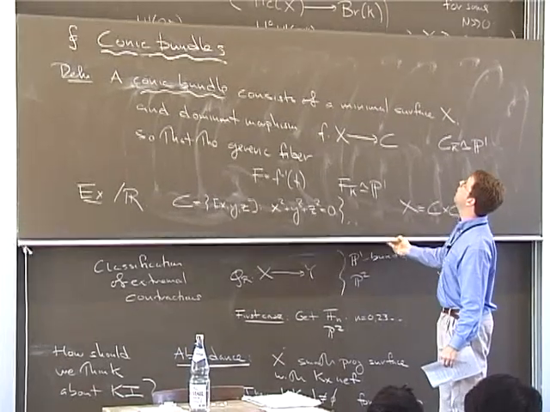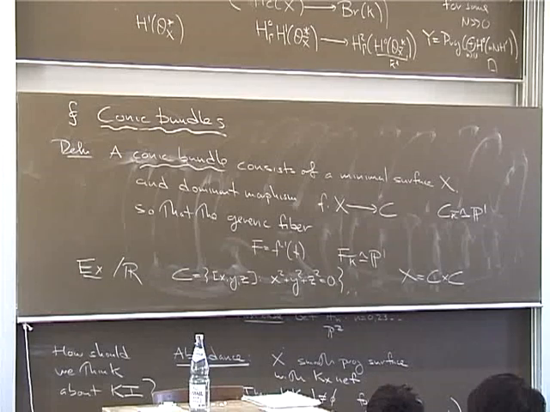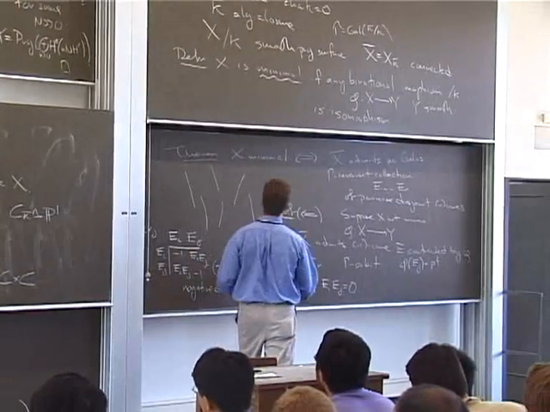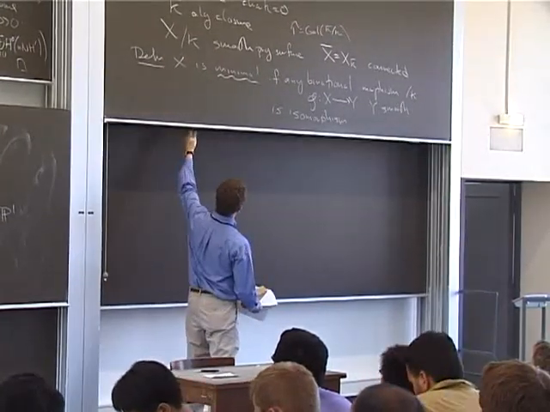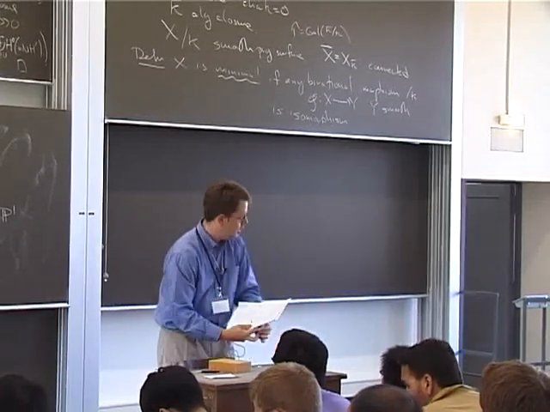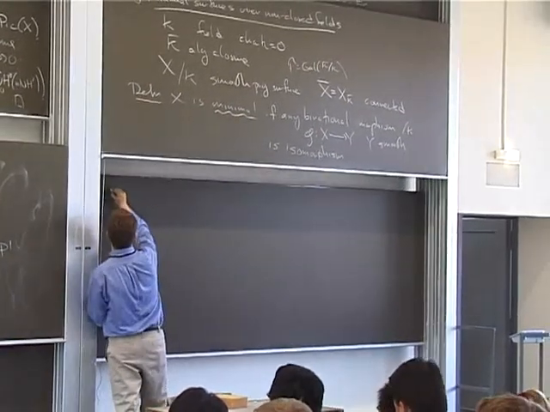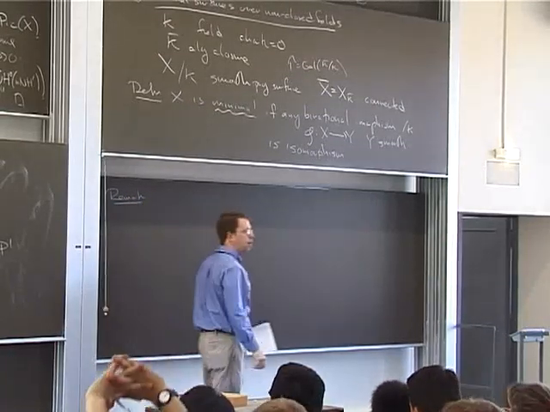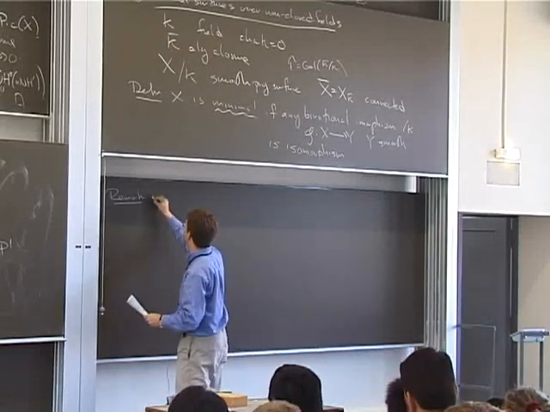Okay, let's see. Maybe I won't erase that. So let's give some description of the degenerate fibers. Before I do that, let me make a remark. I should have made this remark before, but now is also a good time to mention it.